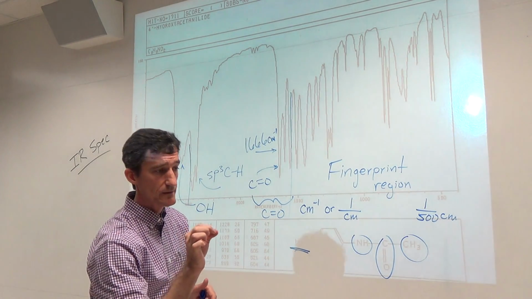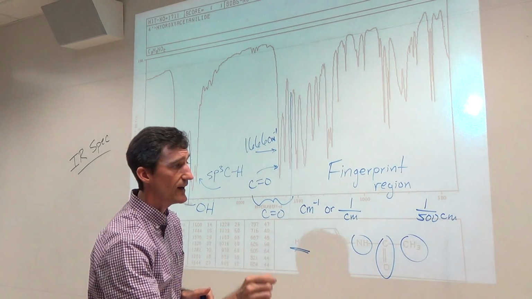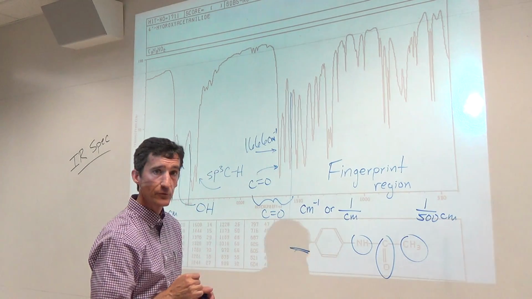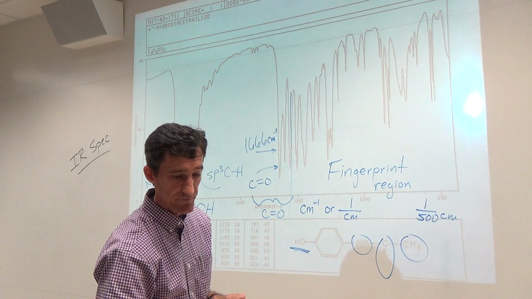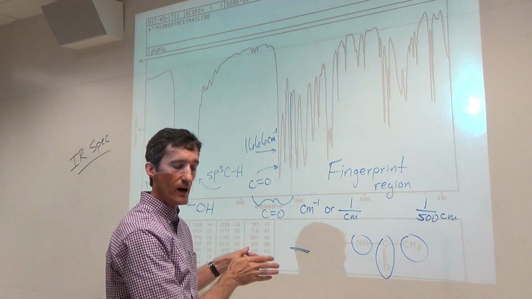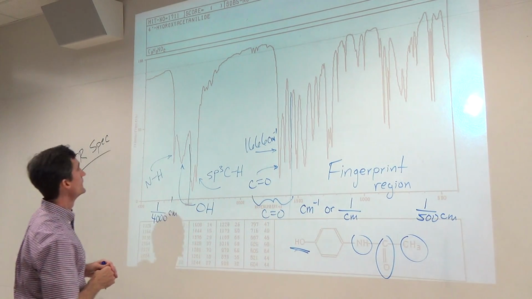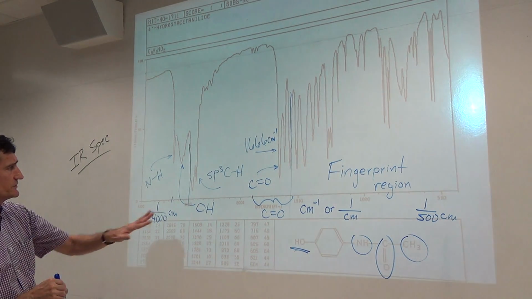Only when you can match that fingerprint to a known standard can you then say, aha, the white powder that I found in the bathroom is indeed cocaine, because the fingerprint of what I found in the bathroom matches exactly the fingerprint IR of known cocaine. Okay, so that's an introductory look at an IR spectrum of acetaminophen.